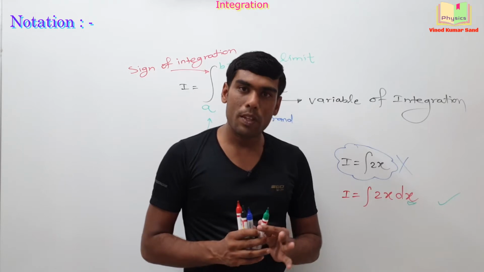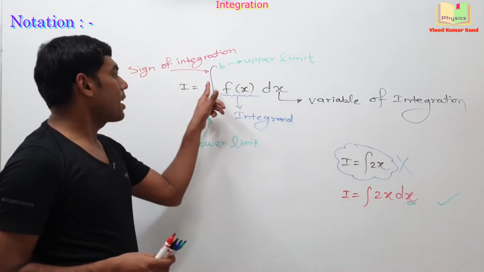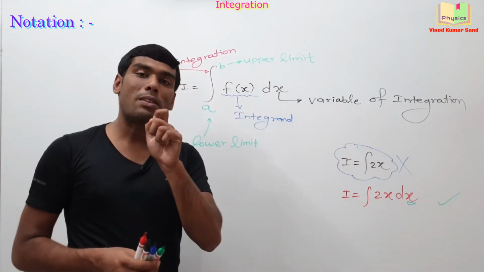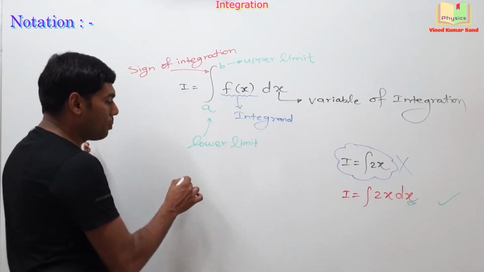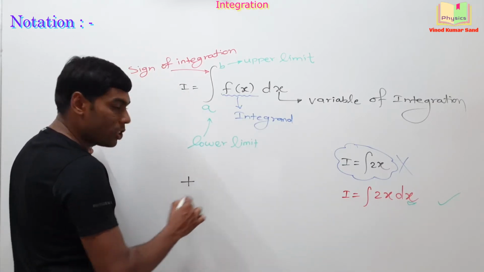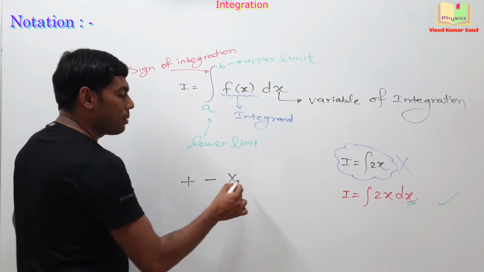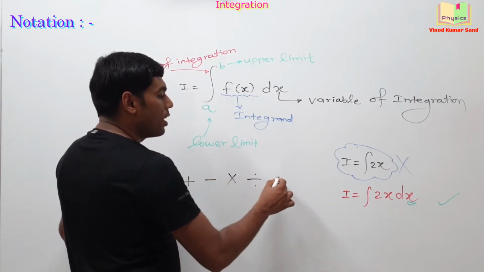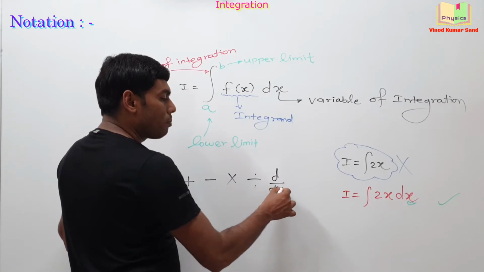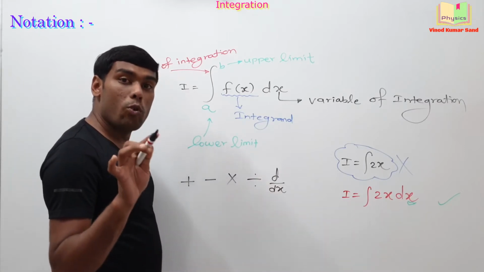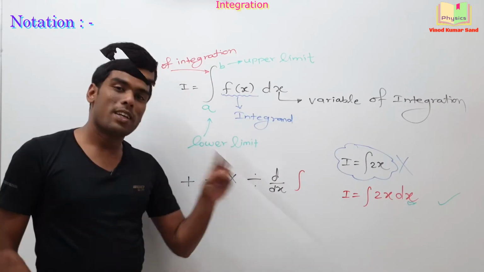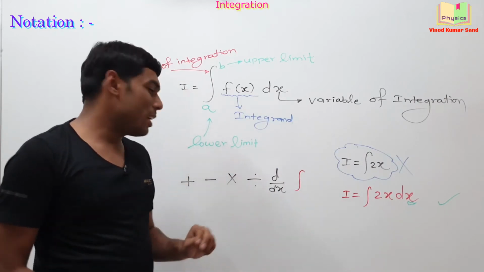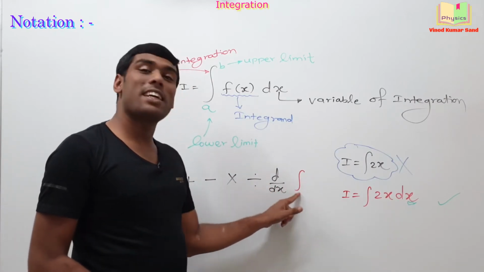Getting my point? Basically, this sign is a mathematical operator. We have already read few mathematical operators, if you remember: addition, subtraction, multiplication, division and differentiation in the previous video. And our focus in this video will be on the integration. There is one interesting relation in between the differentiation and integration.